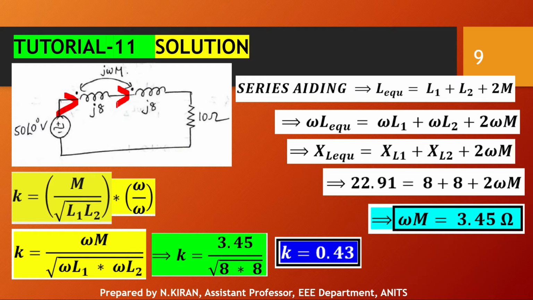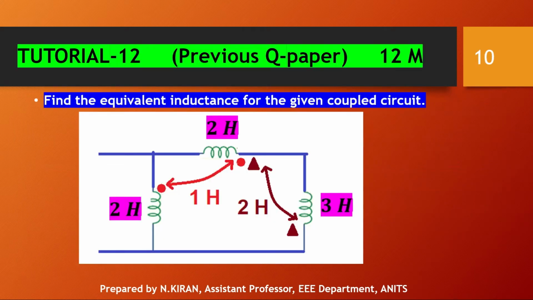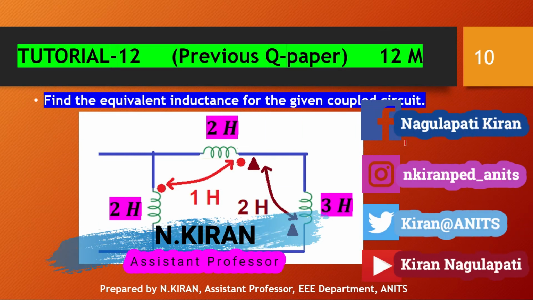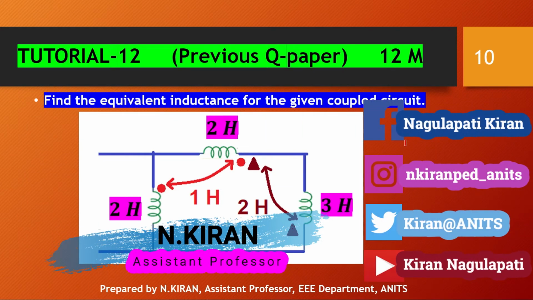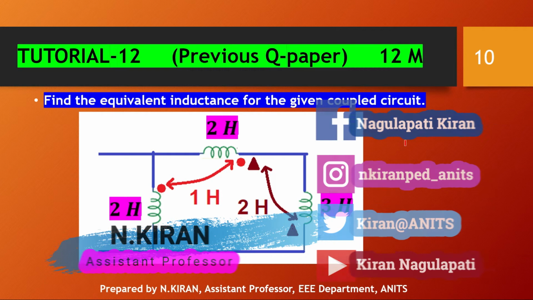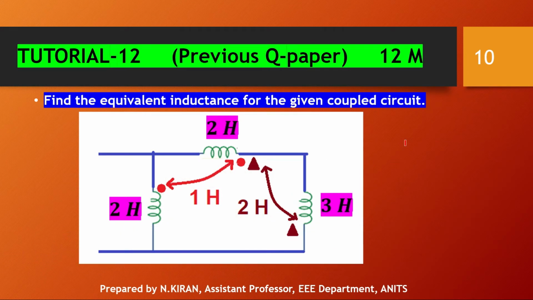The 12th sum is to find the equivalent inductance for this coupled coil. Here the coupled coils are not connected in series, hence the earlier method of finding equivalent inductance will not be valid here. We should find the electrical equivalent, and then from that we will find the equivalent inductance for this coupled coil.